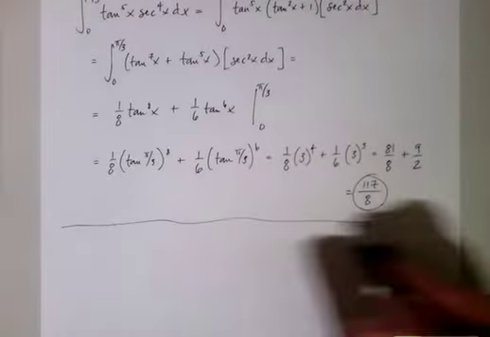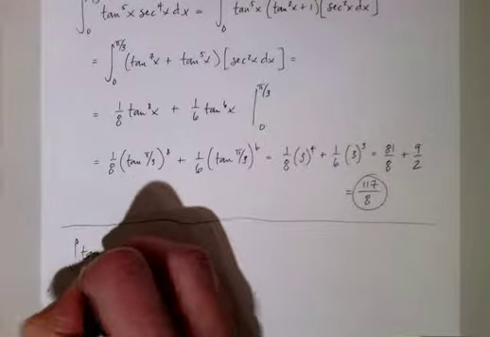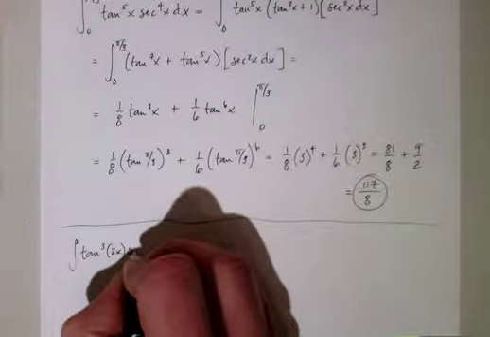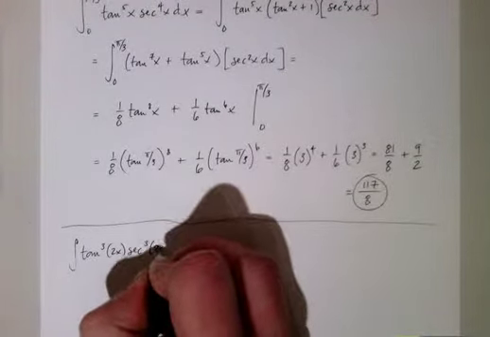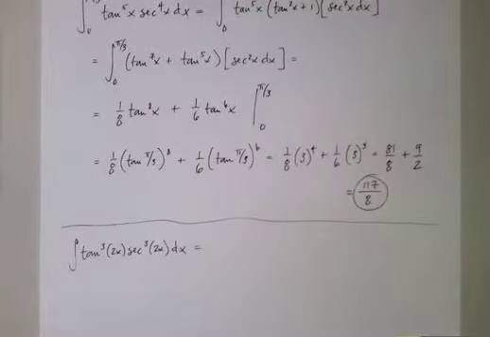Okay. Let's go ahead and how about tangent cubed 2x secant cubed 2x dx. Well, both of them are odd, okay? So I can't really pull out a secant squared because then they're still both odd. And how do I get everything in terms of one or the other?